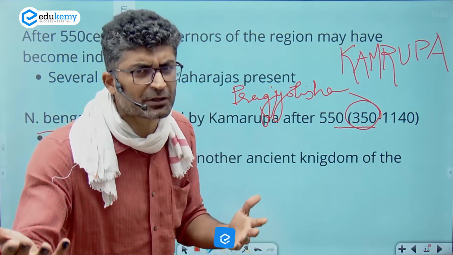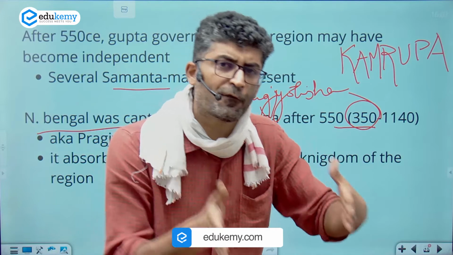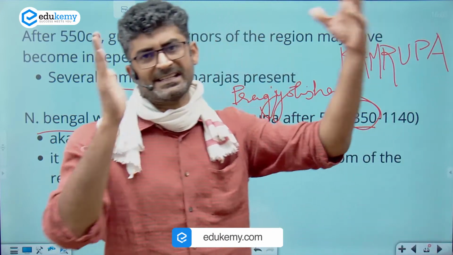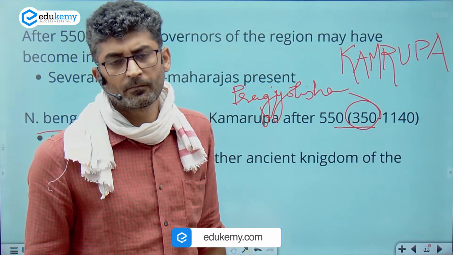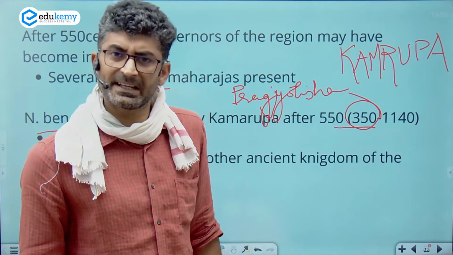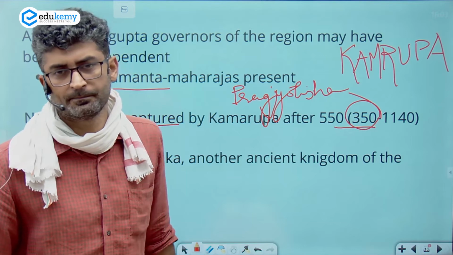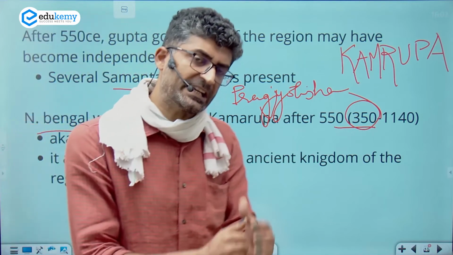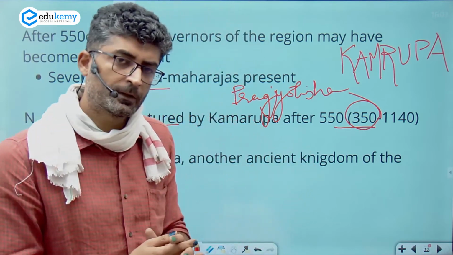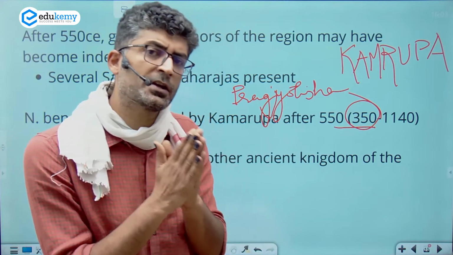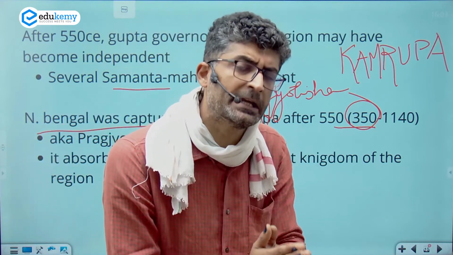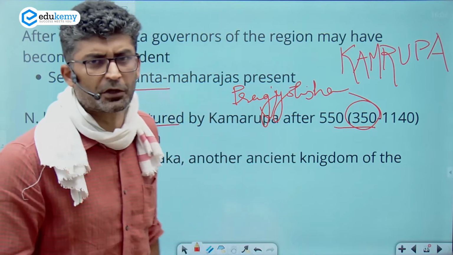Now I am taking the liberty of focusing on the northeast. When we look at the northeast specifically, we find that the Allahabad Prashasti talks of two kingdoms of the region.